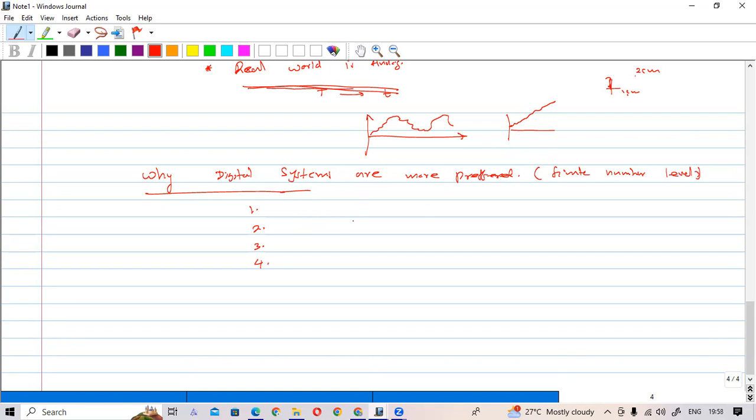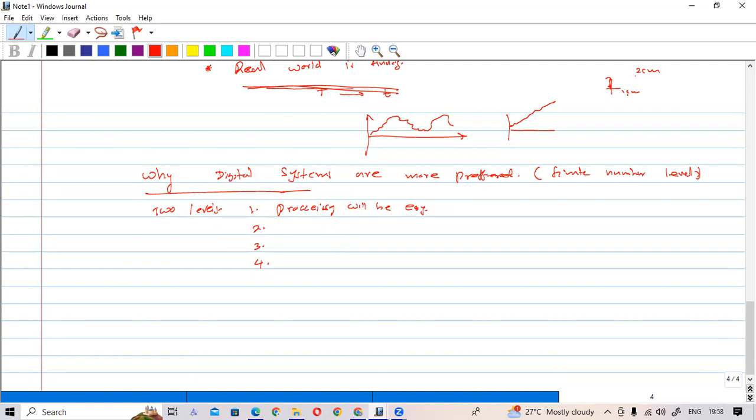So the first thing is it is easy to deal with finite levels rather than infinite levels. In a digital signal there are only 2 countable levels, so the processing will be easy.